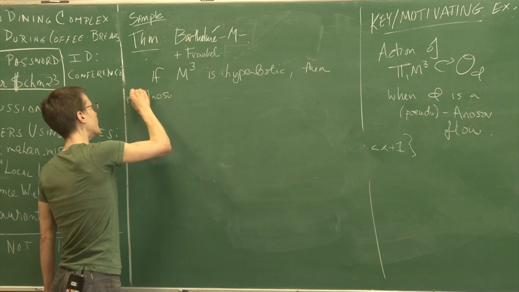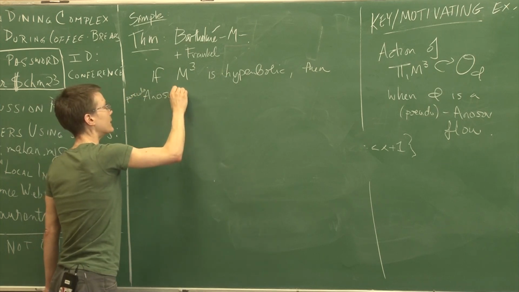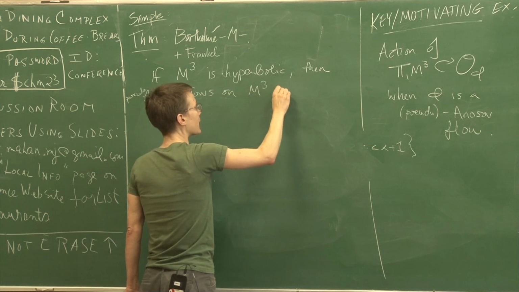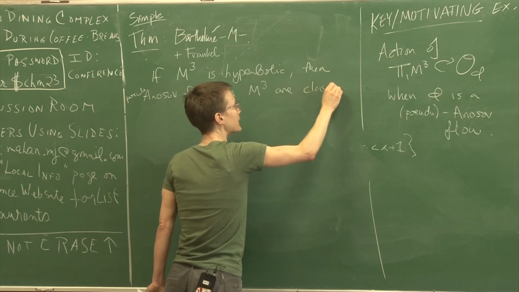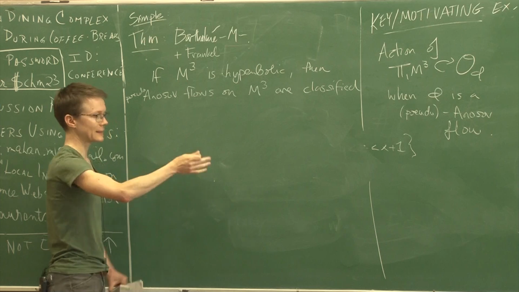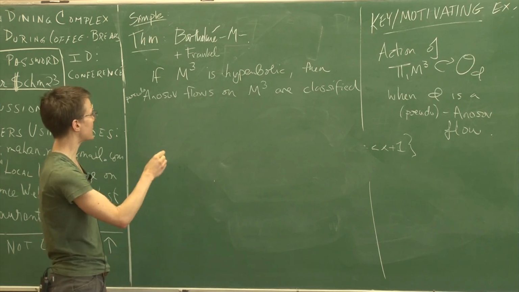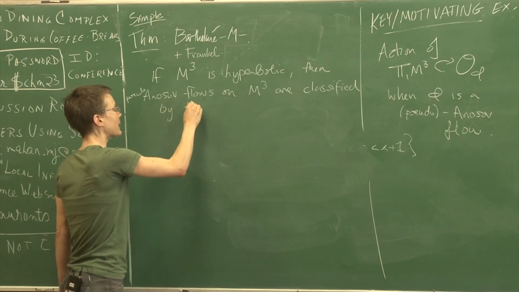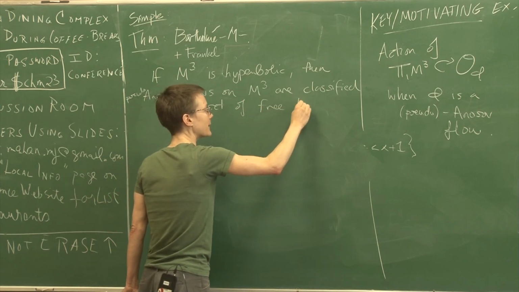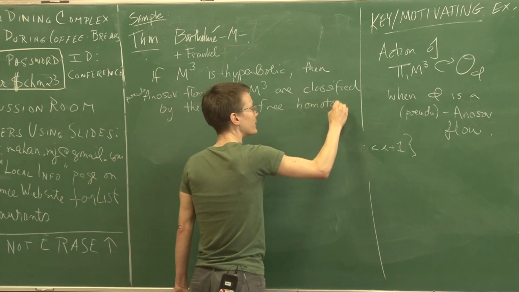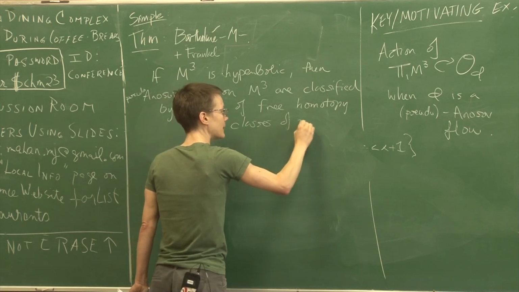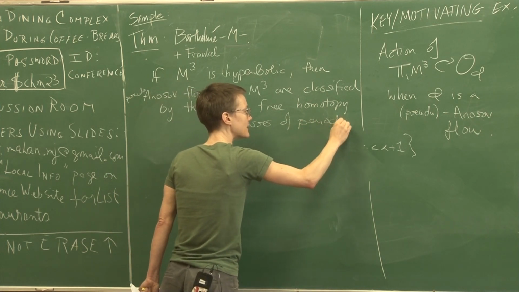Anosov or pseudo-Anosov flows on this manifold are classified. They're completely determined up to time change and conjugacy by just knowing the set of free homotopy classes of periodic orbits.